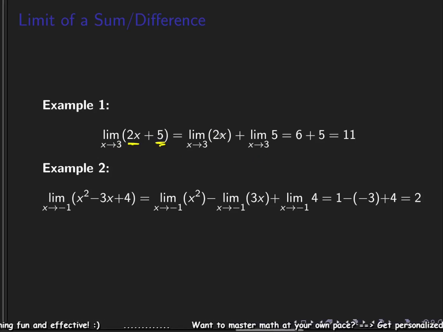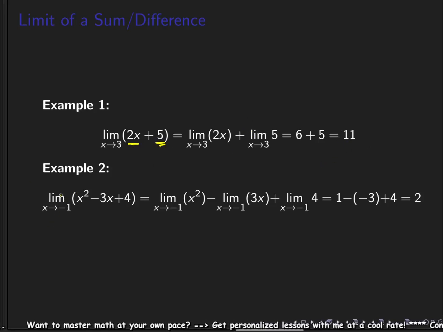And we know the limit of 2x. This here is a polynomial which we've done in our previous video. So the limit of this here, 2x, as x approaches 3, we know gives us what? 6. And then the limit of a constant is still what? 5. Hence our answer is going to be what? 11. So this is how it is applied.